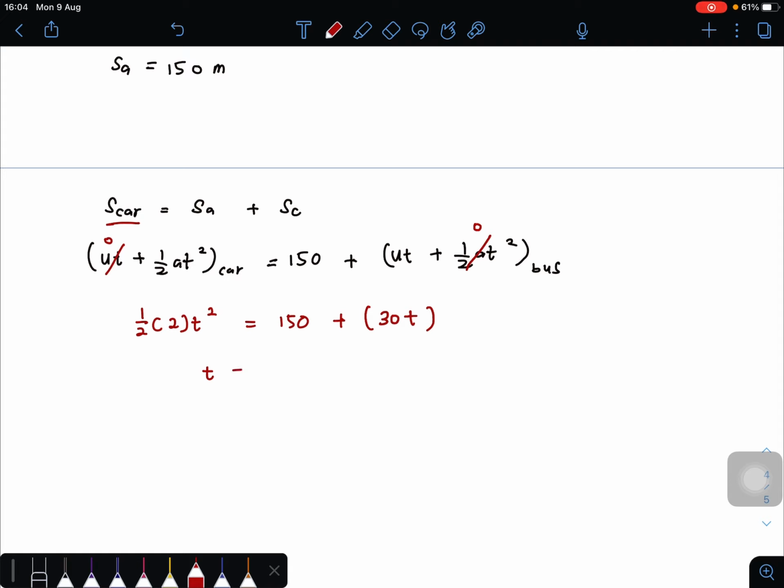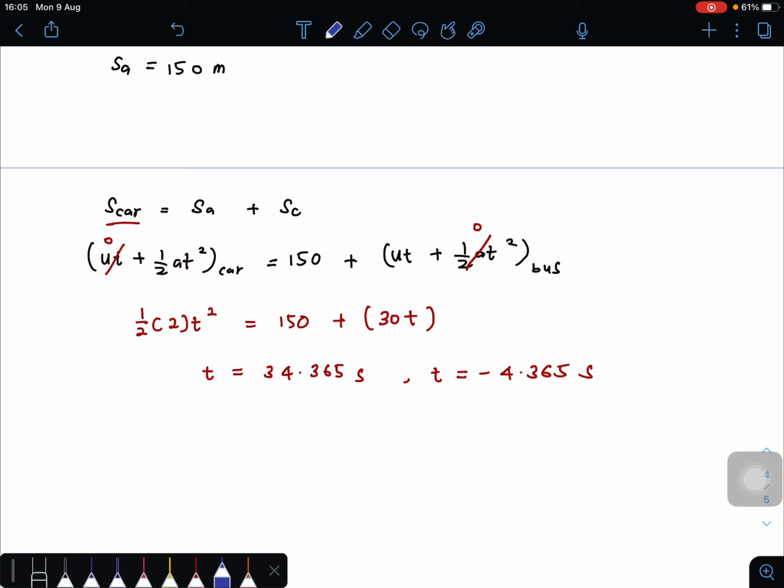So if you press the calculator, you will get the value for t. You will get two values for t: 34.365 seconds, and also negative 4.365 seconds.